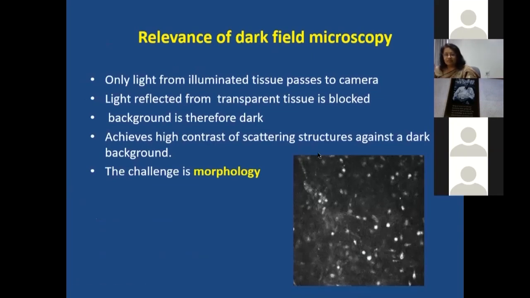Basically, only the light that passes from the illuminated tissue goes to the camera, and any light that is reflected from transparent tissue is blocked. So what you see here is the area of illumination. All the transparent tissue, the light is blocked, and so you get a dark background. Whatever scatters light, very high contrast is therefore achieved. But you see so much, and finally the challenge that you have is morphology. How do you identify what you see?